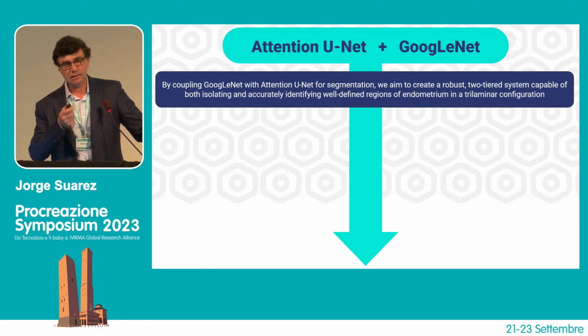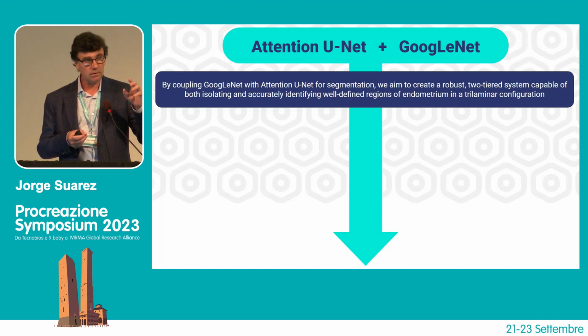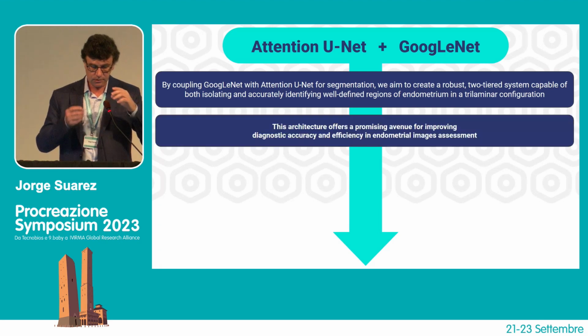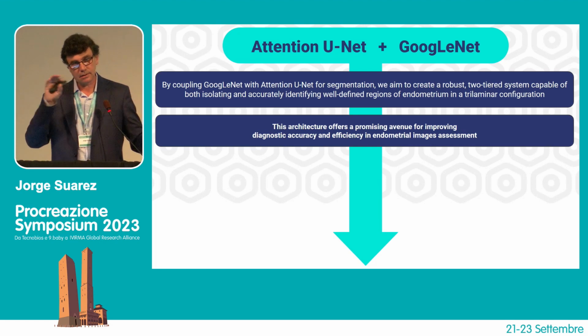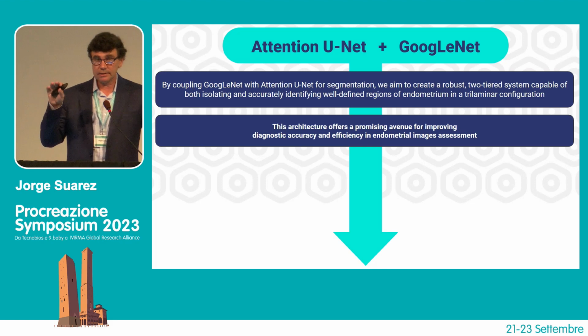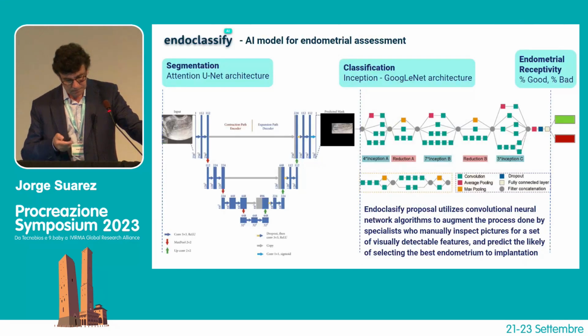After testing many different artificial intelligence models, we concluded that the best result is to use the attention U-Net for segmentation and then the Inception GoogLeNet for classification.